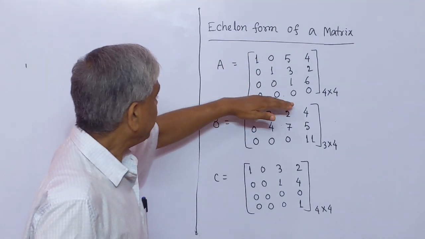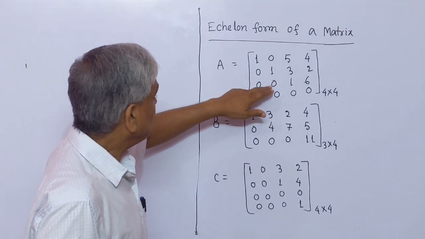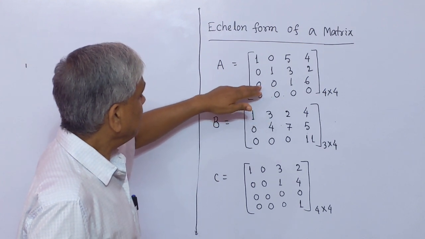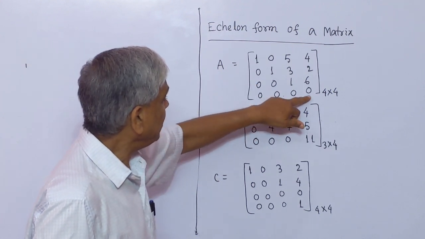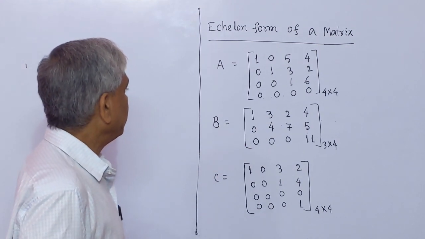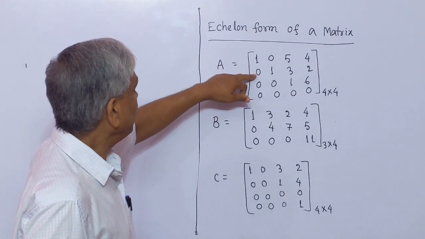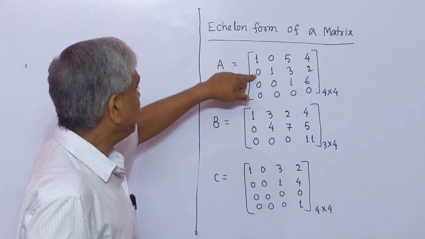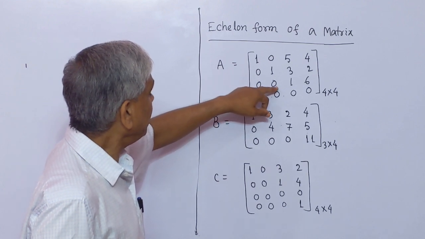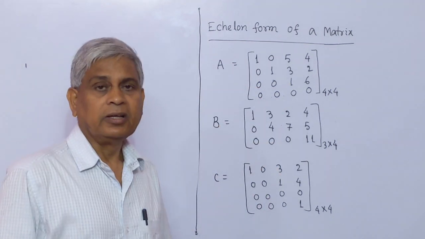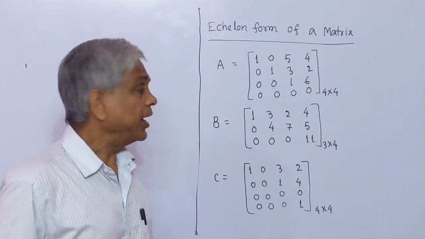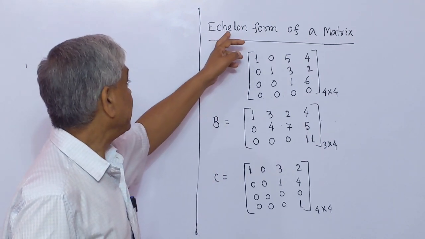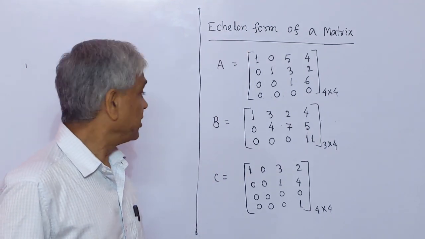The number of zeros in the third row is less than the number of zeros in the fourth row. The number of zeros in the second row is less than the number of zeros in the third row. This characteristic of a matrix is known as the echelon form of a matrix.